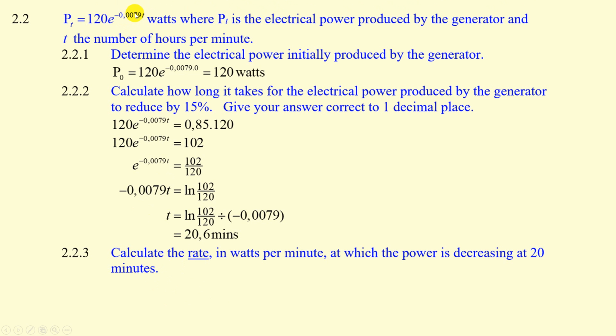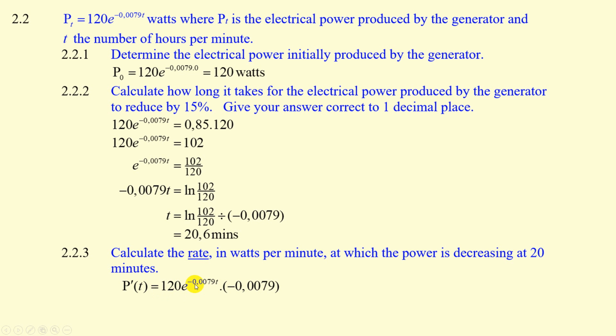Now, derivative of e to the anything is e to that something coming straight back at you. So therefore, it's equal to 120 e to the negative 0.0079 t. There we are. But we have to multiply by derivative of the inside. That's derivative of the outside, leaving the inside as it is, times derivative of the inside.